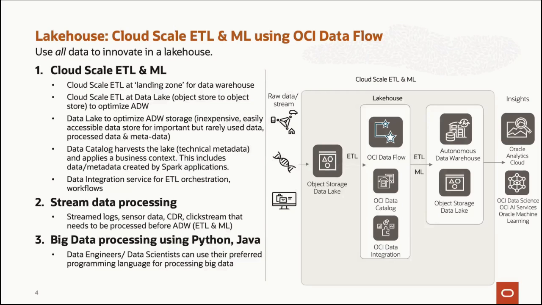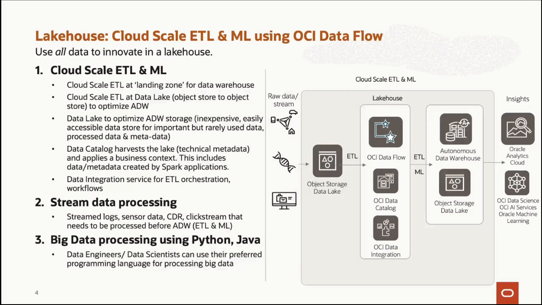The data warehouse is best for your structured data and all kinds of performance reporting. So you have the option, if you want to optimize before putting data in your database or data warehouse, to do all the cloud scale ETL and machine learning before you put things in the data warehouse.